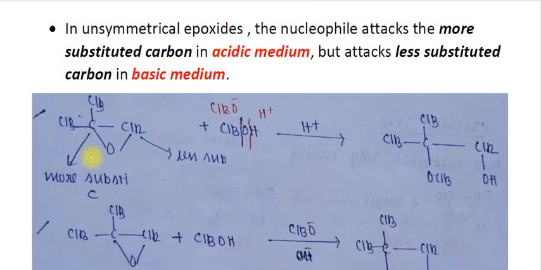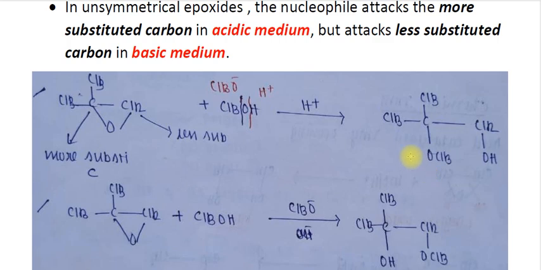So in an unsymmetrical epoxide, the nucleophile attacks the more substituted carbon in acidic medium, but attacks the less substituted carbon in basic medium. Here the reaction is in acidic medium, so the nucleophile CH3O minus will attack the more substituted carbon. So the answer will be CH3, CH3O, CH3, CH2OH.